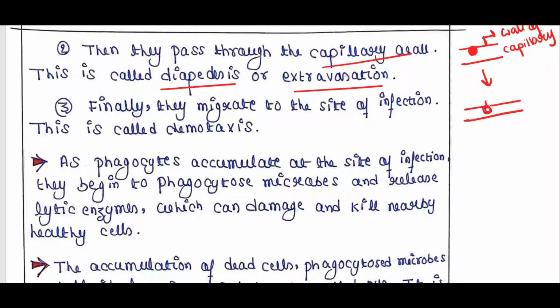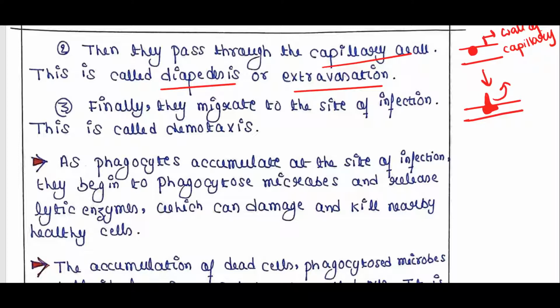This phagocytic cell will now pass through the capillary wall. So the phagocytic cell is now passing through this capillary wall. This is called diapedesis or extravasation.